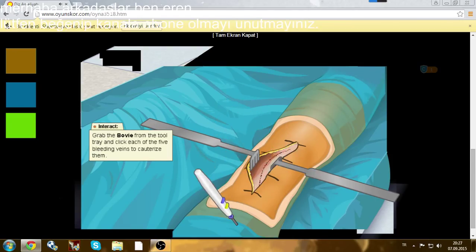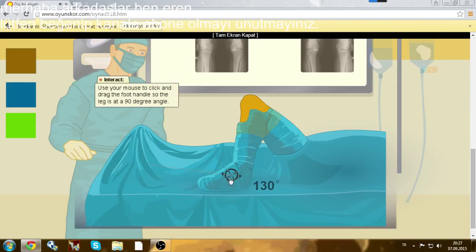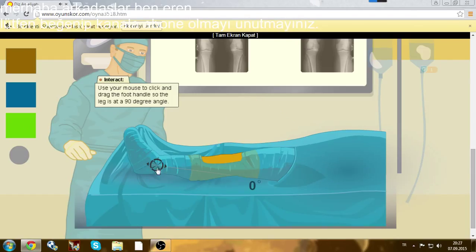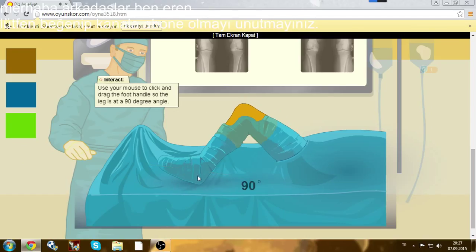The rake retractors fold the skin and tissue out of the way, exposing our patient's knee. To operate, we need the patient's knee elevated and bent so the bones are fully exposed. Now the leg is at the proper angle.